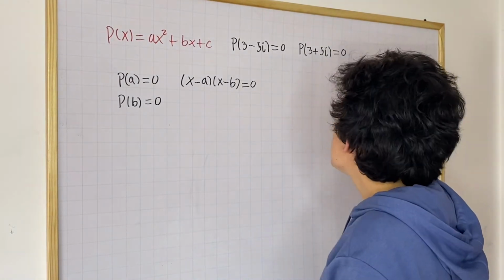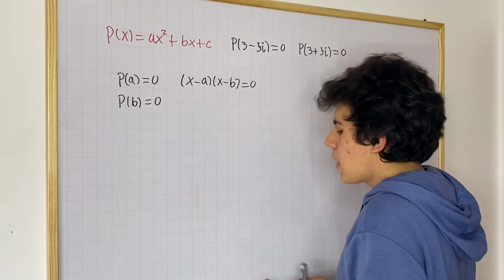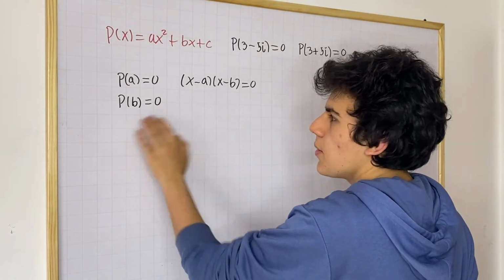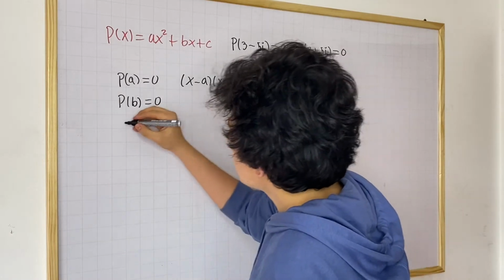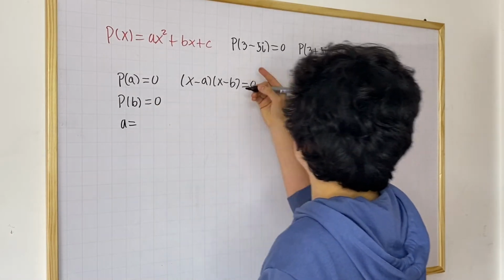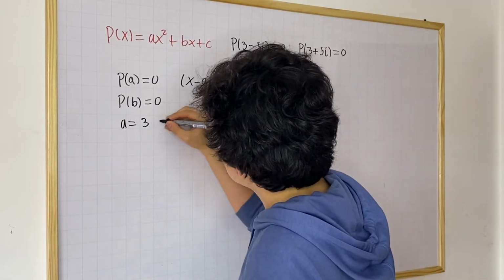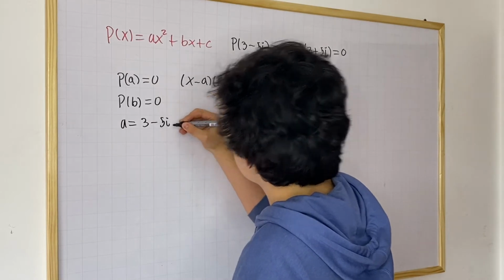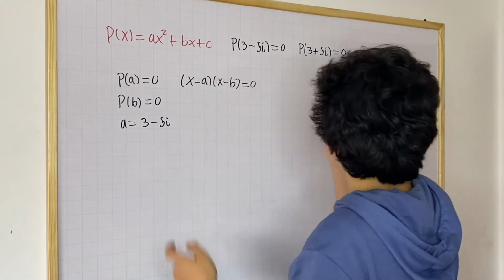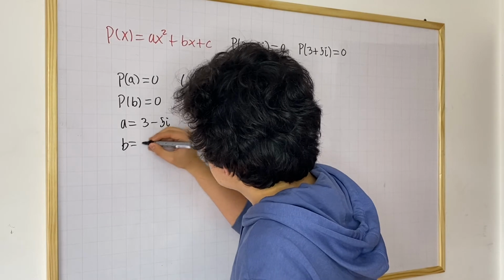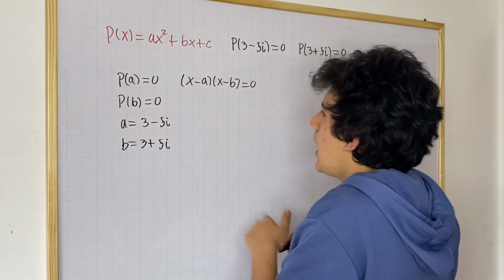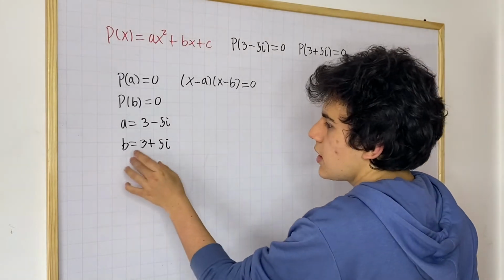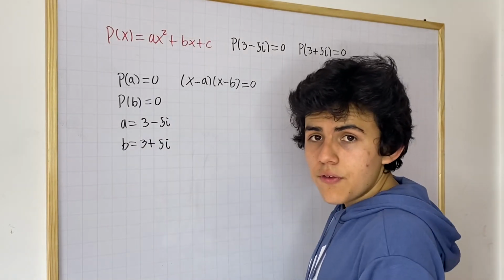We just have complex numbers. So now what do we need to do? Well, I'm actually going to assign values for a and b. So we're going to say a is going to be equal to this root right here, 3 minus 5i, and b is going to be just the conjugate, so 3 plus 5i. And now we just need to plug in this equation and FOIL the factors, okay?